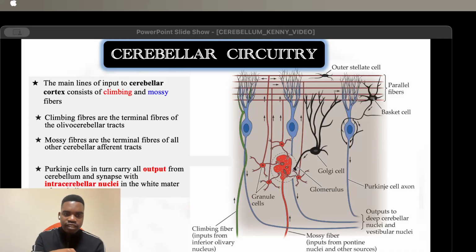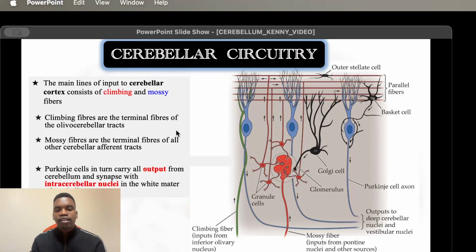It is the nucleus of the cell, which is found in the cell body, that performs that function of the cell. So all this information is taken into the deep nuclei of the cerebellum, because these deep nuclei are the ones that perform most of these functions.